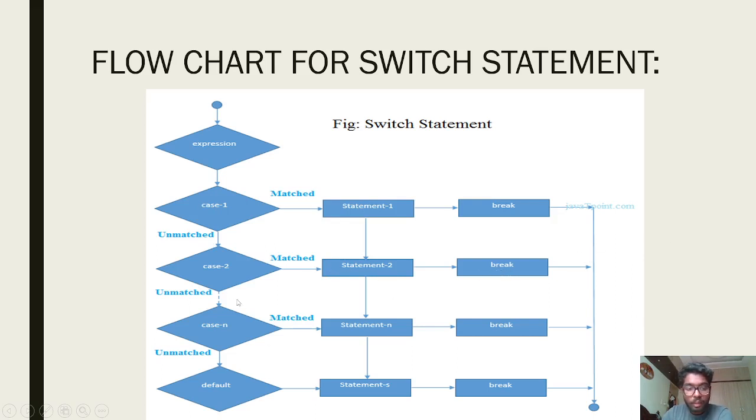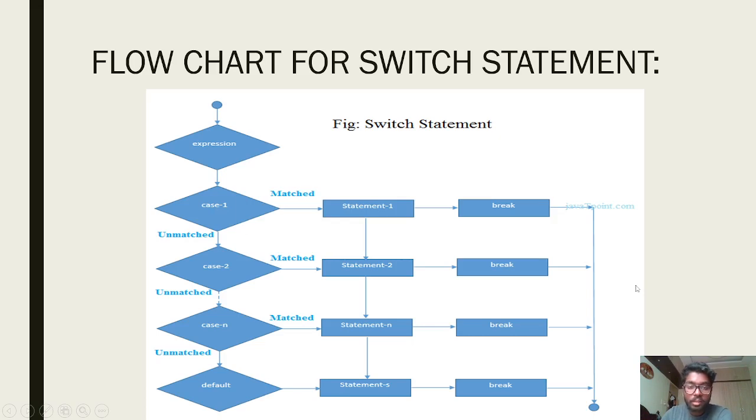And if case 2 is unmatched, it goes to case n, and if case n is matched, it will print statement n, or else it will break and go down. And if none of these cases are matching, it will print the default statement and end the program.